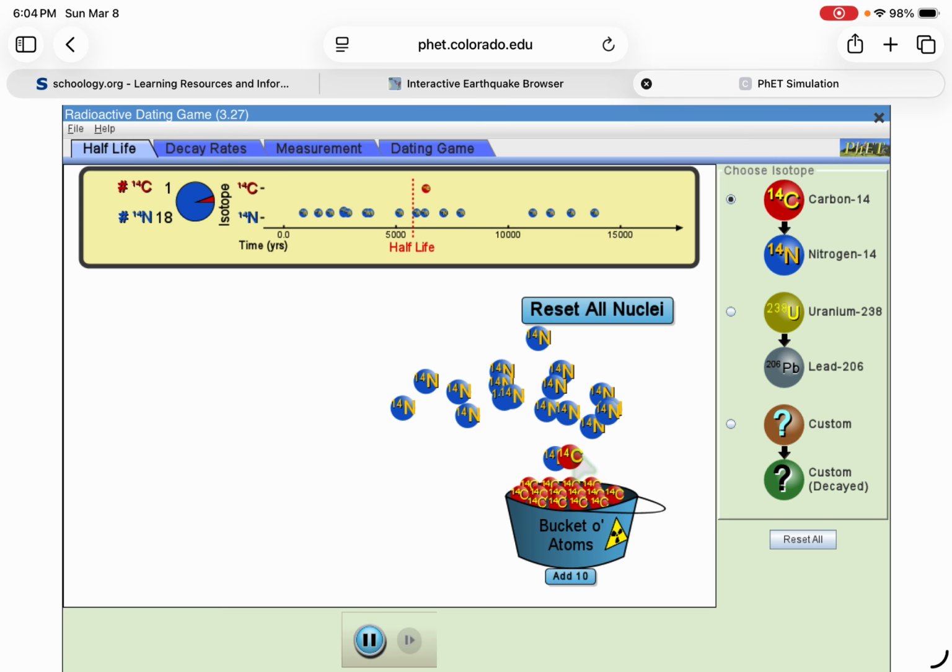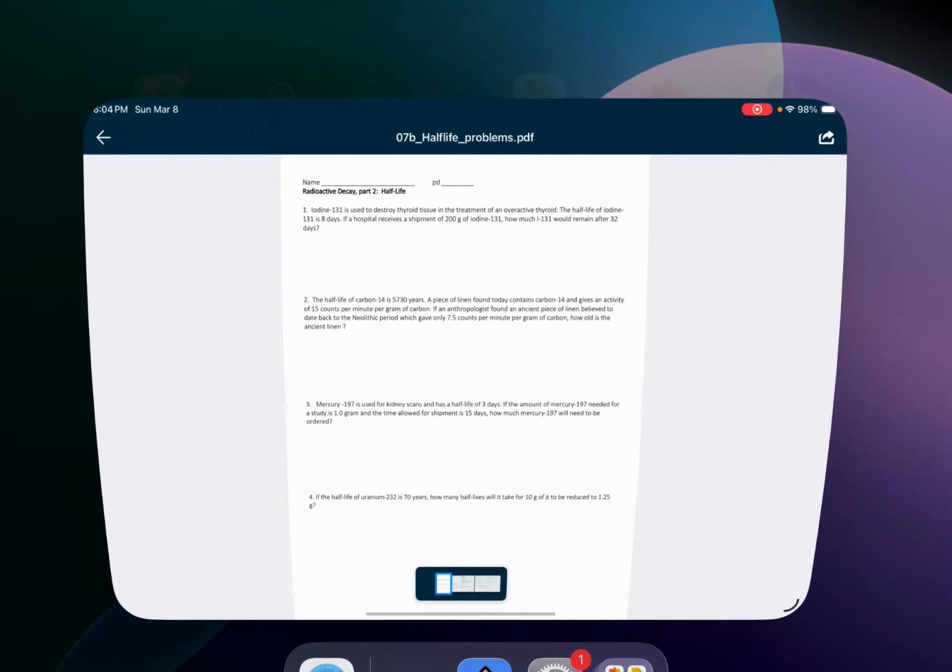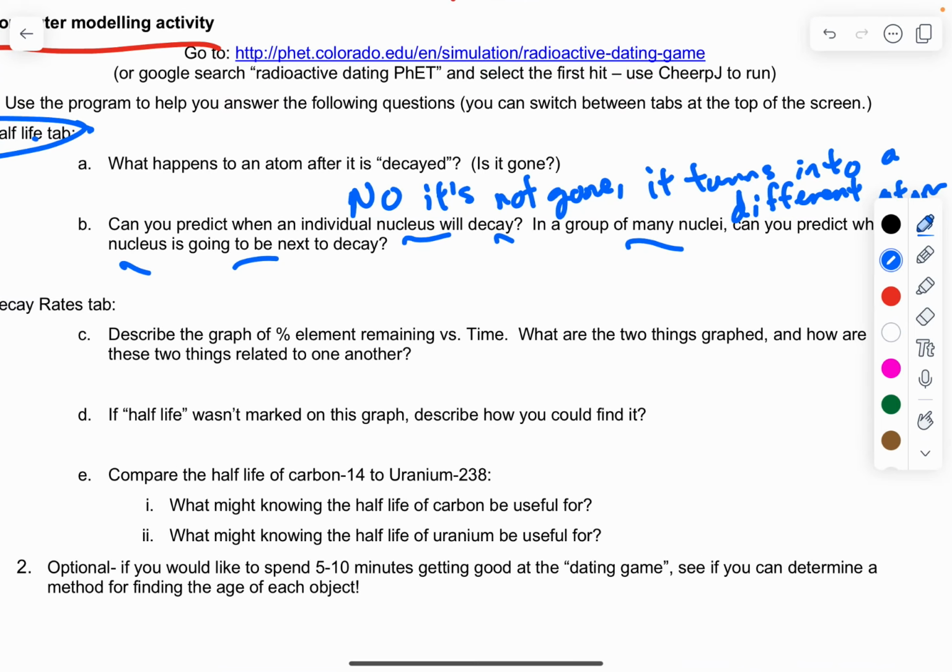But if you put a whole bunch of them in there, you can start to see that they're not really predictable. Even though the half-life is right here, they don't all decay at that point. Some of them are earlier, some of them are later. So it kind of tells us something about decay. Can you predict the individual? No, you cannot.